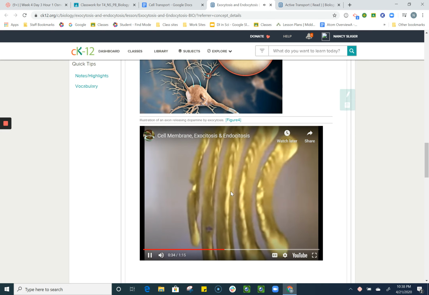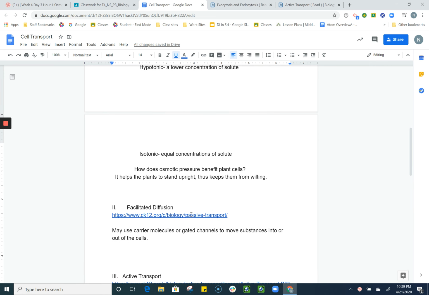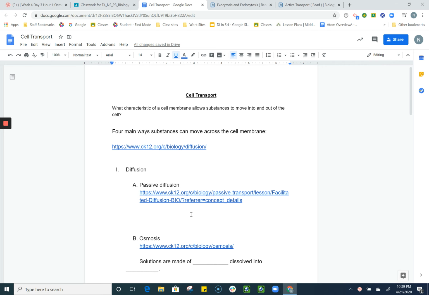Okay. So hopefully this will help explain a little bit of what these documents are talking about and the difference between active transport and passive transport, which we will have a test over probably on Thursday.